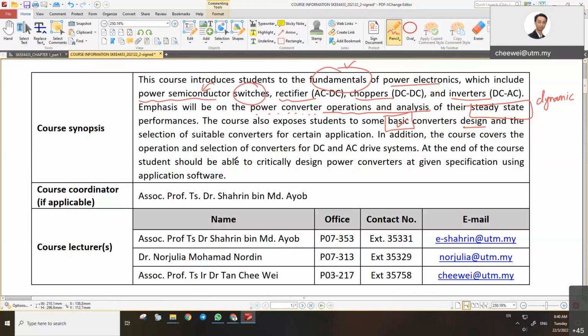At the end of the course, a student should be able to critically design, given some specifications, using application software. Most probably you'll be using MATLAB Simulink. It's not a new thing because you have taken the subject before. You'll be doing an assignment on the design of power converters using MATLAB Simulink.